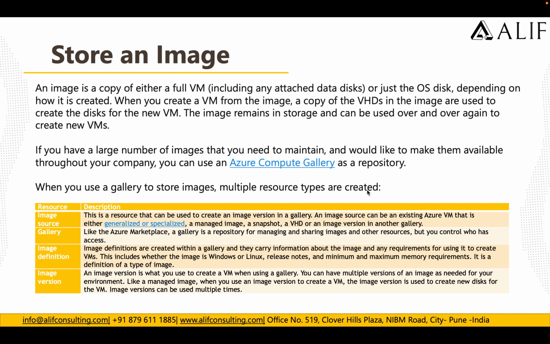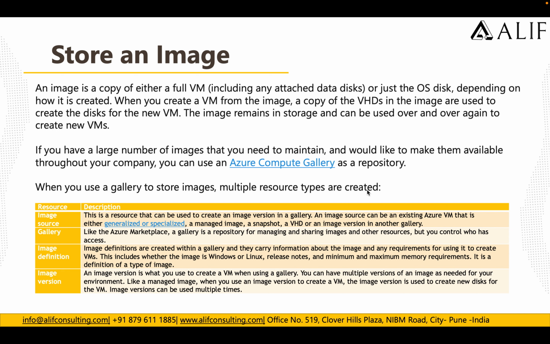If you have a large number of images that you need to maintain and would like to make them available throughout the company, you can use the Azure Compute Gallery as a repository. When you use a gallery to store images, multiple resource types can be created. You can specify what kind of image it is going to be, either generalized or specialized, either a managed image, a snapshot, or a VHD.